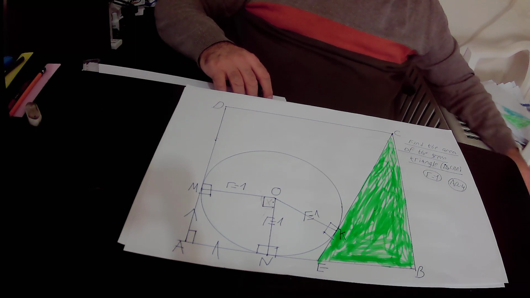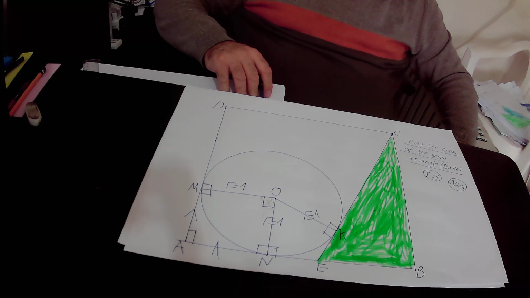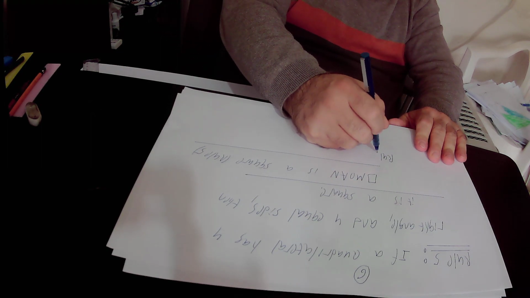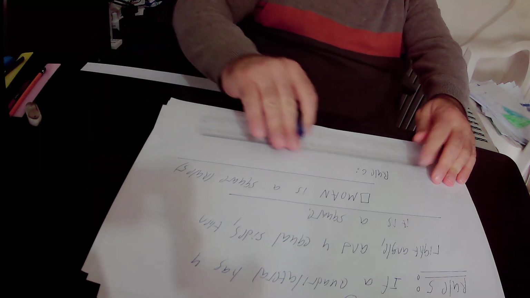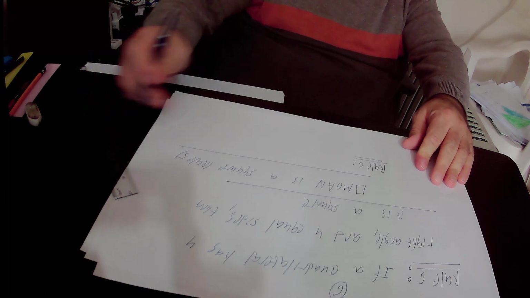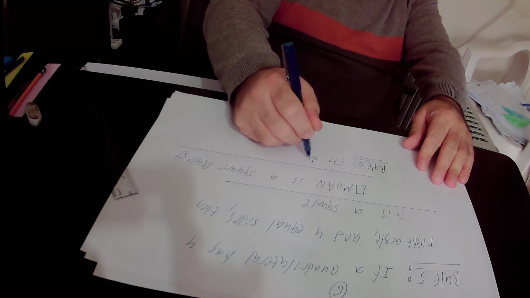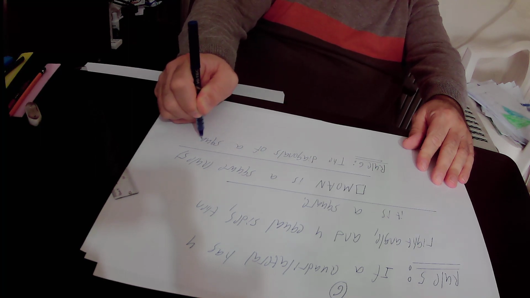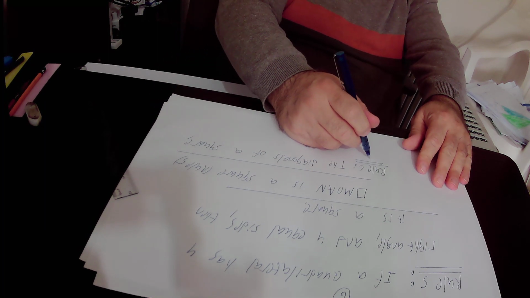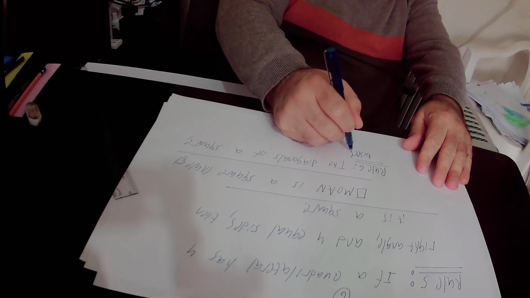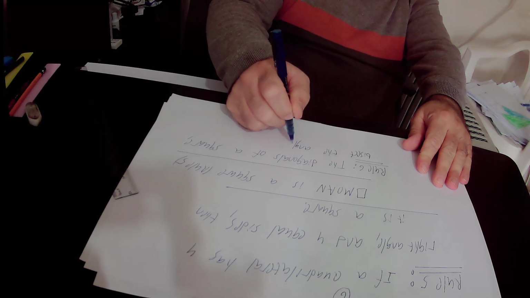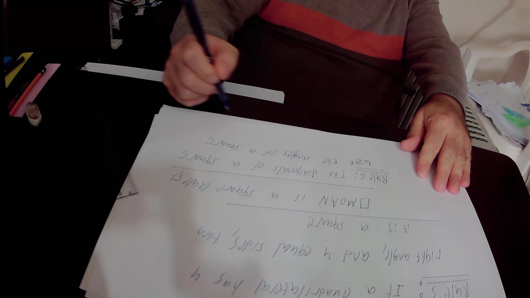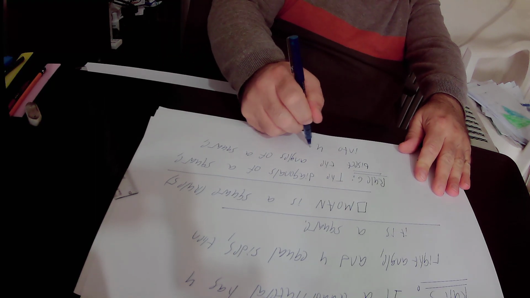And we also have rule number 6. According to rule number 6, the diagonals of a square bisect the angles of a square into 45 degrees angles.